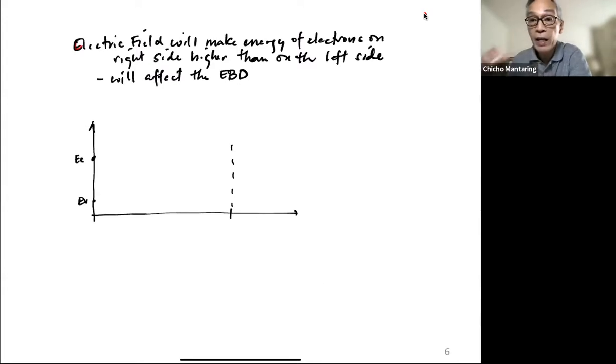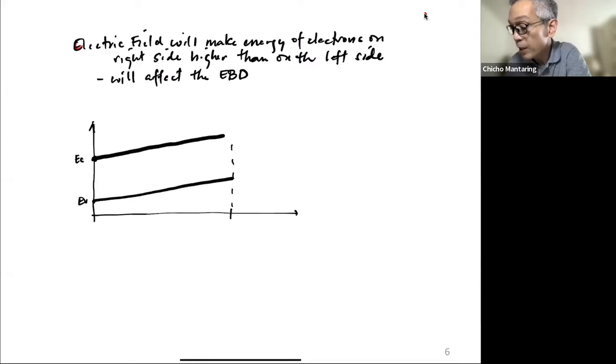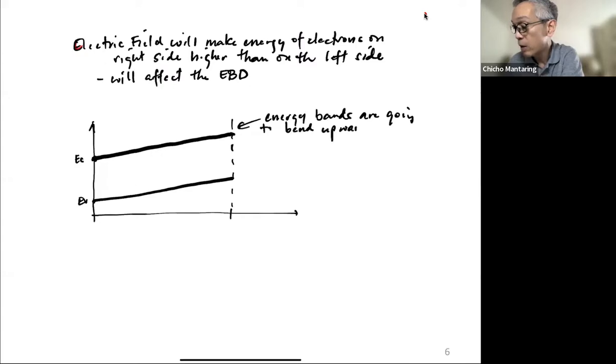If my doping profile is linear, then my energy bands are going to bend upward. Okay, that's what's going to happen.